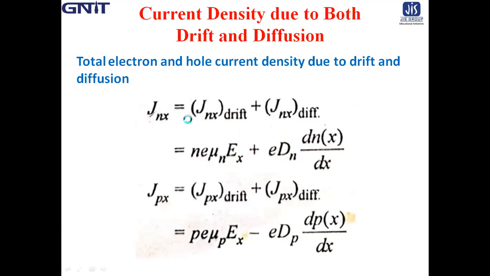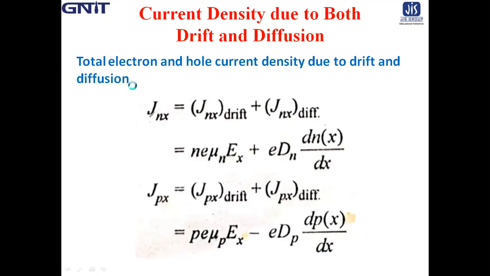Jnx is equal to Jnx drift plus Jnx diffusion, which is n e mu n Ex plus e Dn dn(x)/dx, and Jpx is basically Jpx drift plus Jpx diffusion, which is p e mu p Ex minus e Dp dp(x)/dx.